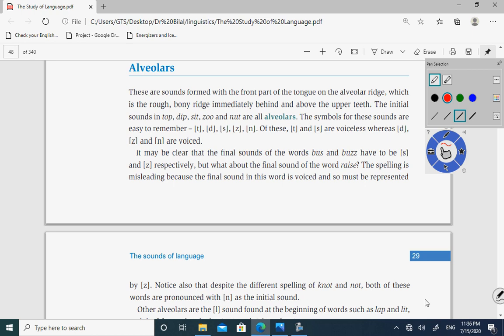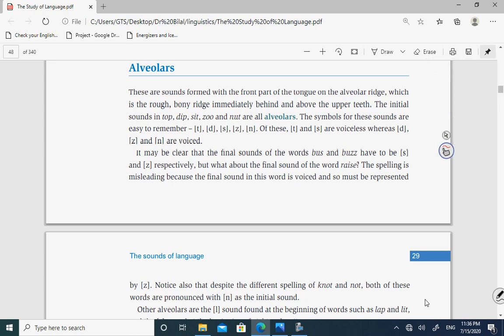Now, alveolar means the front of the tongue, let me say in general, the front of the tongue touches the alveolar ridge or gets very close to the alveolar ridge. Among the sounds that are produced this way are t, d, s, z, n.